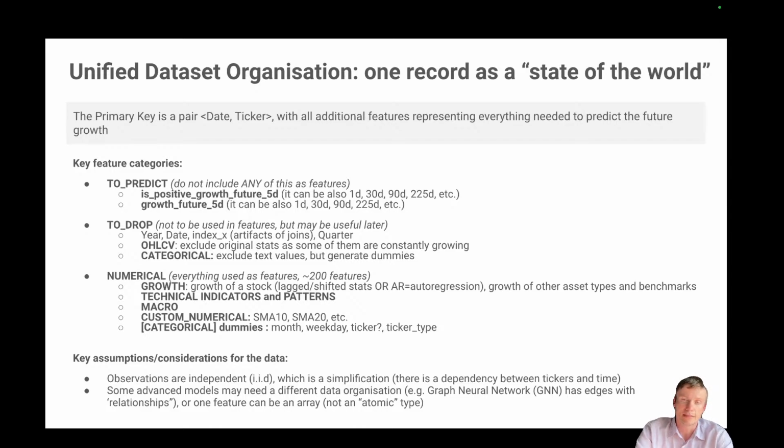some periods ago. So we are saving information from the past, what happened 3 days ago, 5 days ago, 30 days ago, 90 days ago, in these features, and flatten the whole table. That one record, which is about 200 features and something that we want to predict, is actually a state of the world.